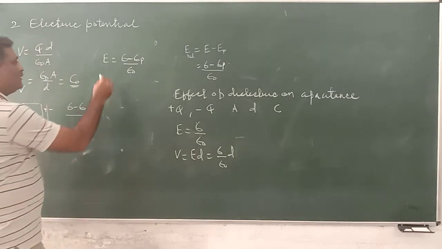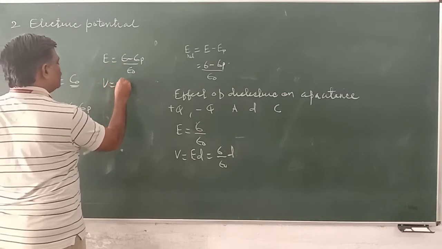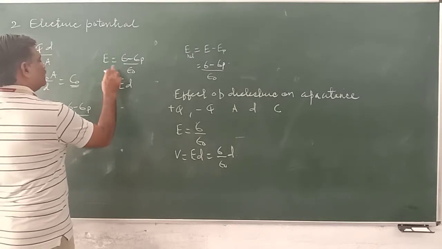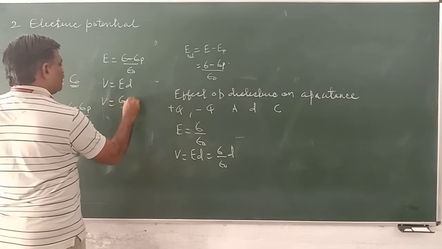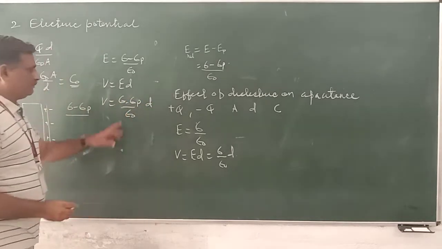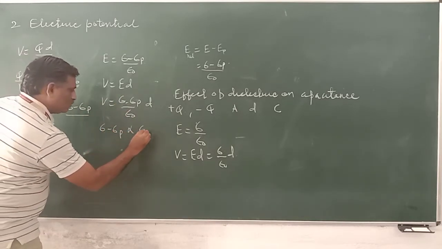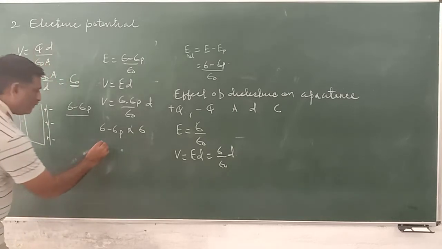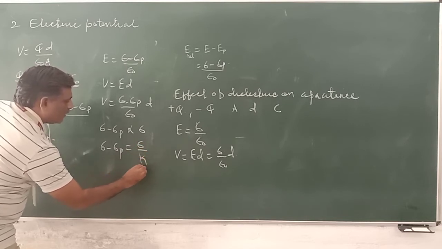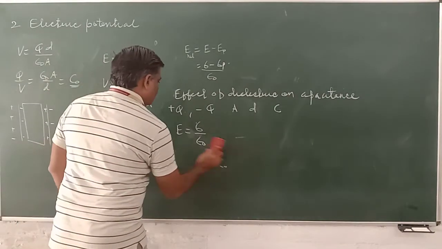Now V is equal to E into D, therefore V is equal to sigma minus sigma P divided by epsilon 0, into D. But sigma minus sigma P is proportional to sigma. Therefore, sigma minus sigma P is equal to sigma by K, where K is called the dielectric constant. This one is known as the dielectric constant.